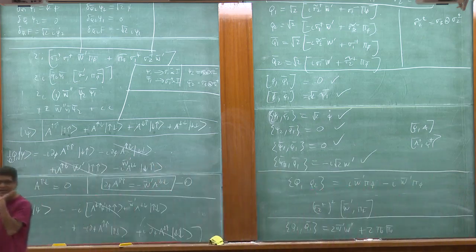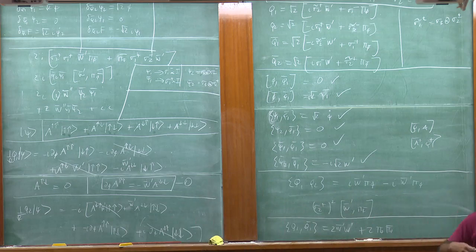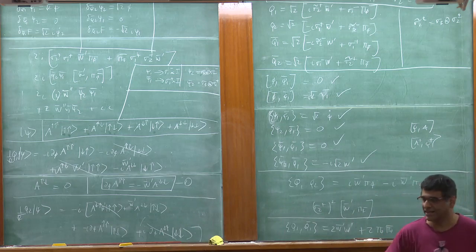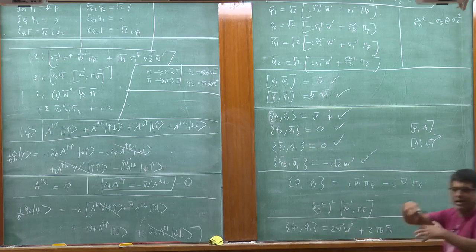So we will declare that we have understood this system really well, and we will proceed to the analysis of the problem we started studying in the last class, namely the motion of a four-supercharge system describing motion in many dimensions.